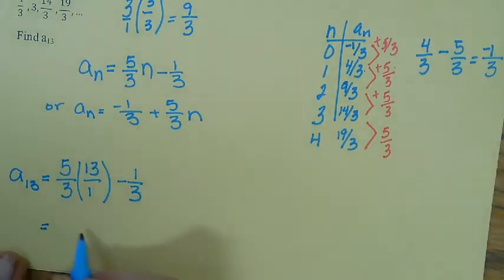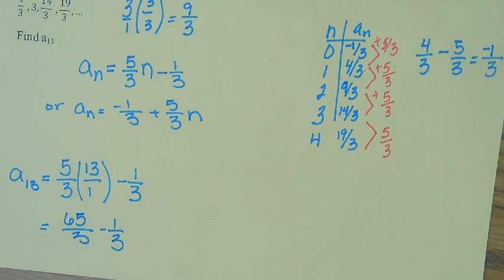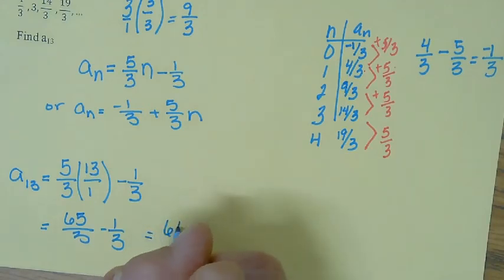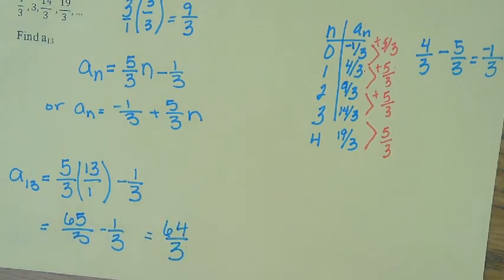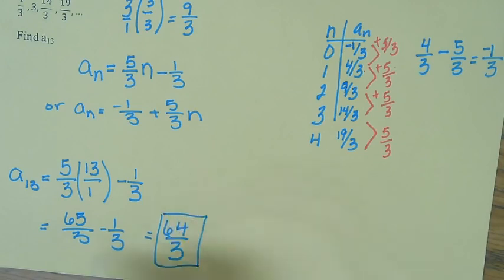So 5 times 13 is 65. They have the same denominator, so I can just subtract the numerators. Now, can that reduce? No, because 64 is not divisible by 3. So that would be your 13th term.